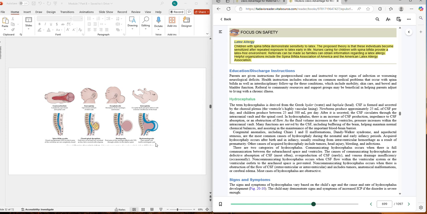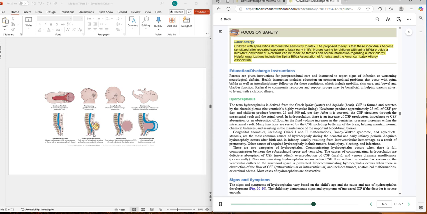Hydrocephalus, and this is another picture before we go to that one, of the different occultas. The cranioschisis, encephaly, where they're born without the brain, encephalocele, where it's kind of herniated outside of the meninges at the bottom of the spinal or the brain stem, and then you have anencephaly. This is the occulta.